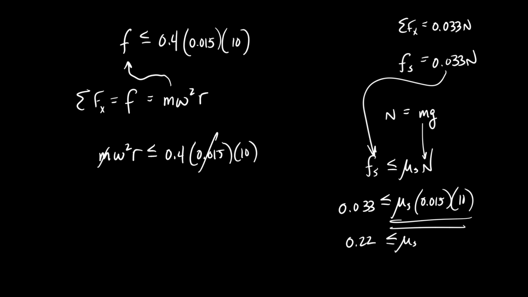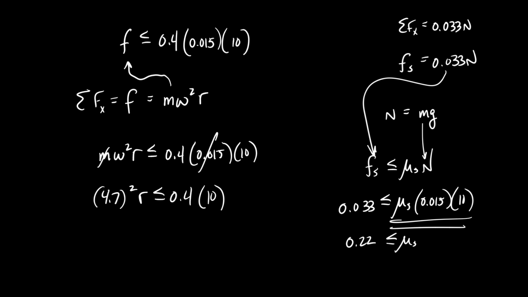That was m on both sides. I didn't actually need the mass of the bug to do this problem. Do you see how it cancels out? And omega stayed the same. Omega is still 4.7. There we go. We just got to figure out what r is.